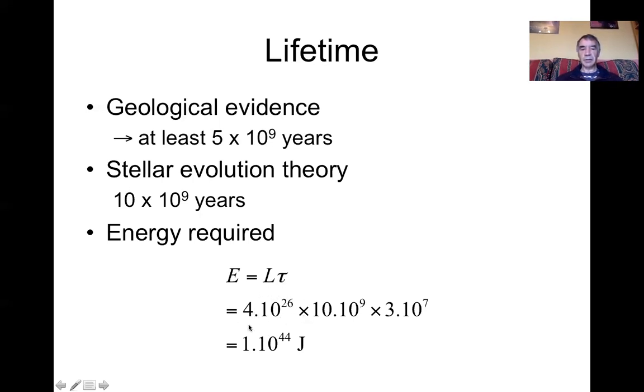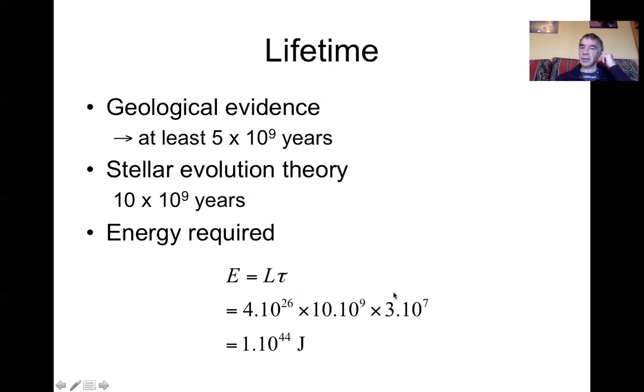Okay, so here is the luminosity of the sun, 4 times 10 to the 26. So I'm using just 4 dot 10 to the 26 here, so the dot doesn't mean 4.1, okay, so don't get confused there, it's just 4, and the dot is shorthand so that we don't have millions of multiplication signs here. So 4 times 10 to the 26 times the 10 billion years, and then multiplied by the number of seconds in a year.